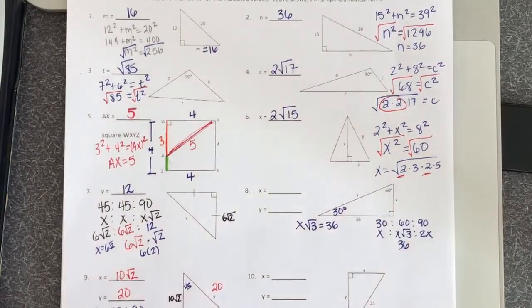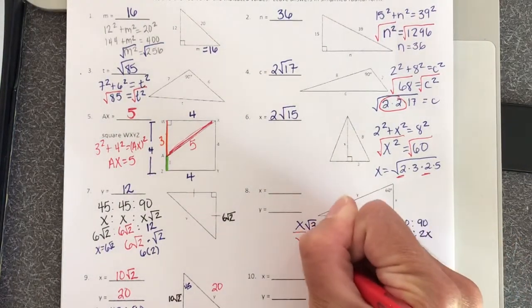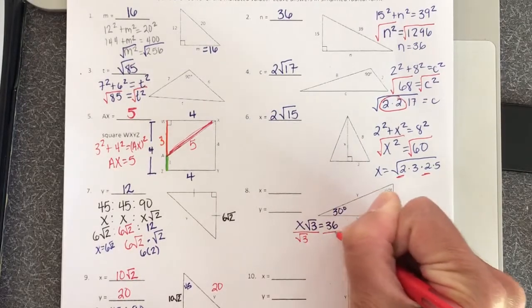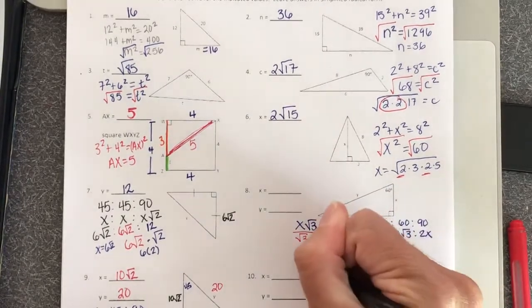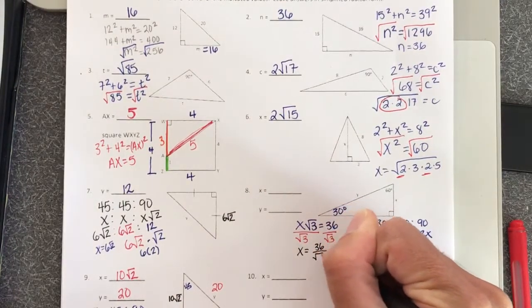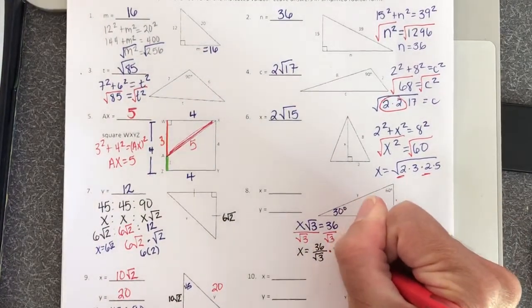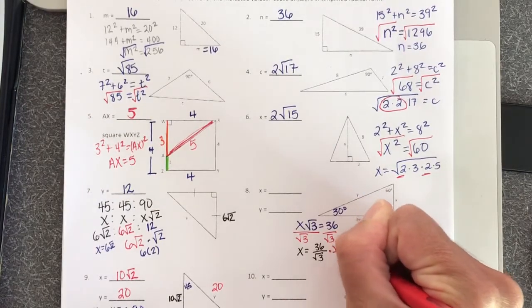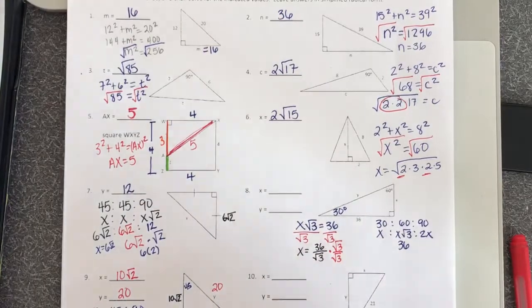To get x by itself, we are going to divide both sides by the square root of 3. So x equals 36 over the square root of 3, but we know that we're not allowed to have a square root in the denominator, so we're going to rationalize the denominator by multiplying the top and the bottom by the square root of 3 over the square root of 3.